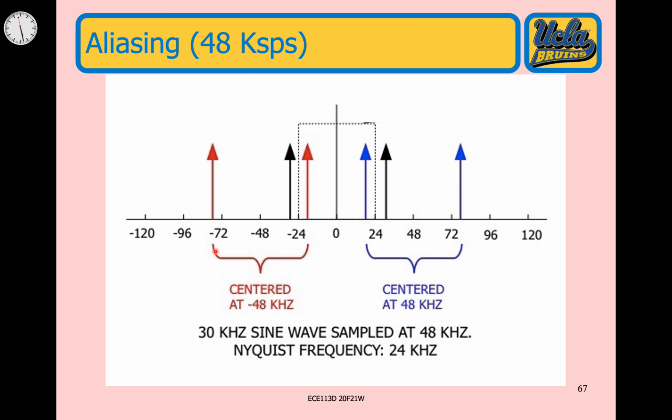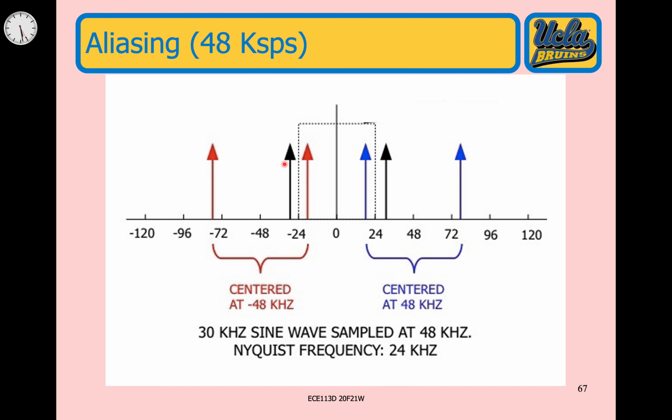So here's what happens when you get aliasing from a spectrum standpoint. Here now, we've got the same 30 kilohertz sine wave, but now it's being sampled at 48 instead of 96. And so the Nyquist is 24 and the signal is 30, so it's bigger. And so now here is the anti-aliasing filter at 24, right?